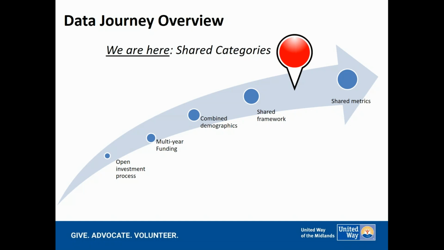With that shared framework, we now have shared categories of metrics within each area of funding that we're asking you to report on for the first time this year. We've been through this data journey together, and this is our first go around with the RBA framework.